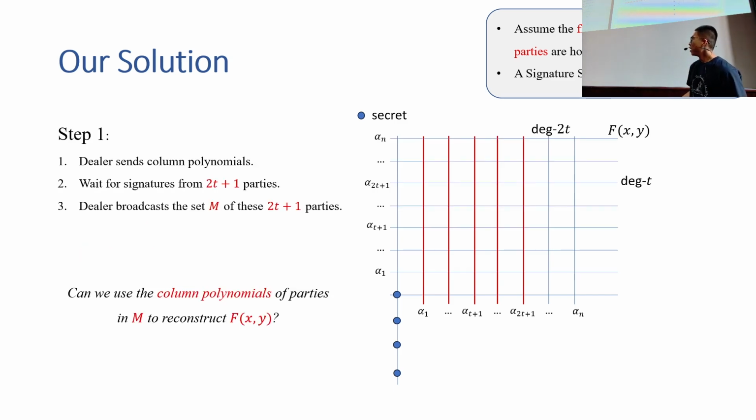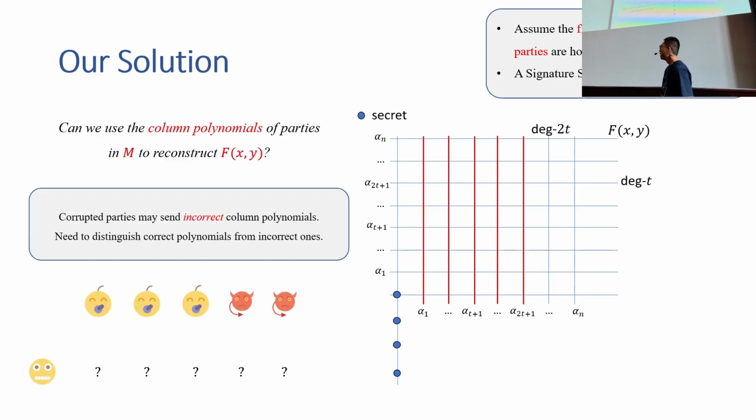However, if we go back to step 1, we have just explained that after step 1, the column polynomials of the t plus 1 honest parties in this set M can already determine the Barrel polynomial f. So the question is, can we just use the column polynomials of honest parties in M to reconstruct f?